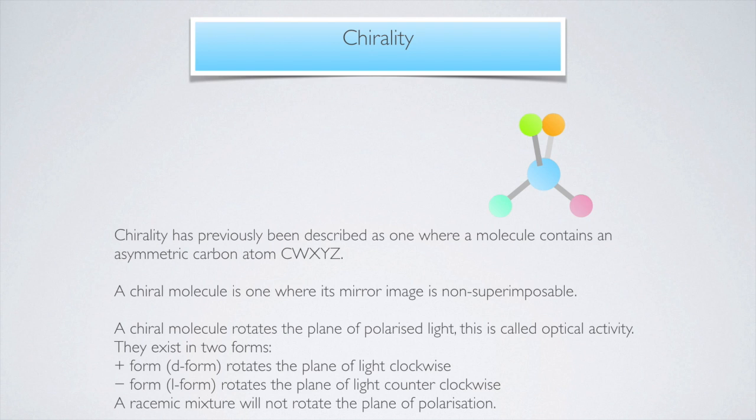And it exists in 2 forms, a plus form, or D form, that rotates the plane of light clockwise, and a minus or L form that rotates it anti-clockwise. If you have 50-50 mixtures of these, you get a racemic mixture which doesn't rotate polarized light.